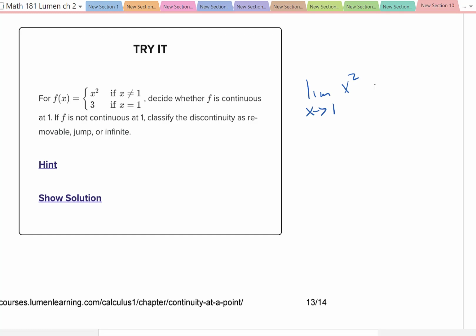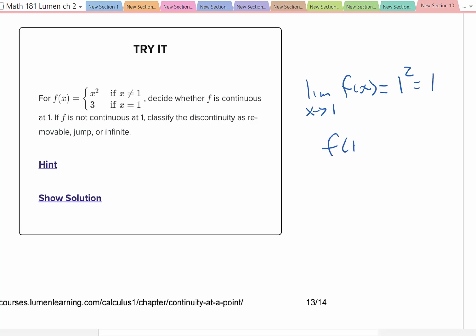I should say just of f of x. But it is x squared that we're going to be plugging things into. So that's 1 squared, which is 1. That's our limit for the x squared portion.